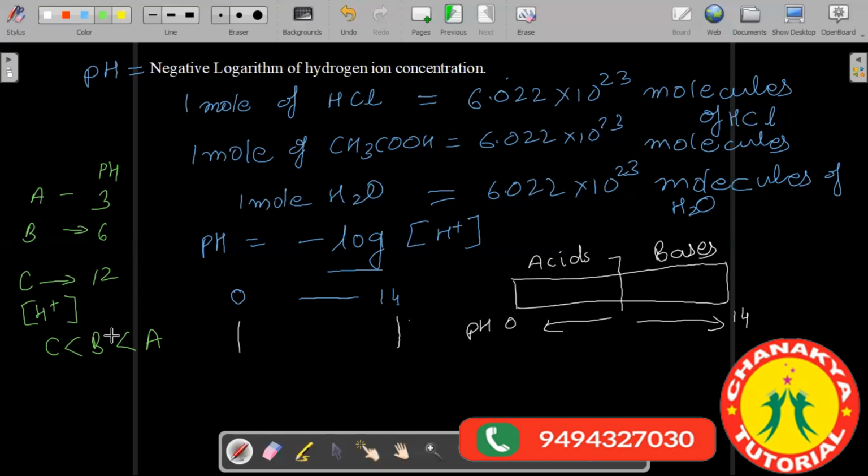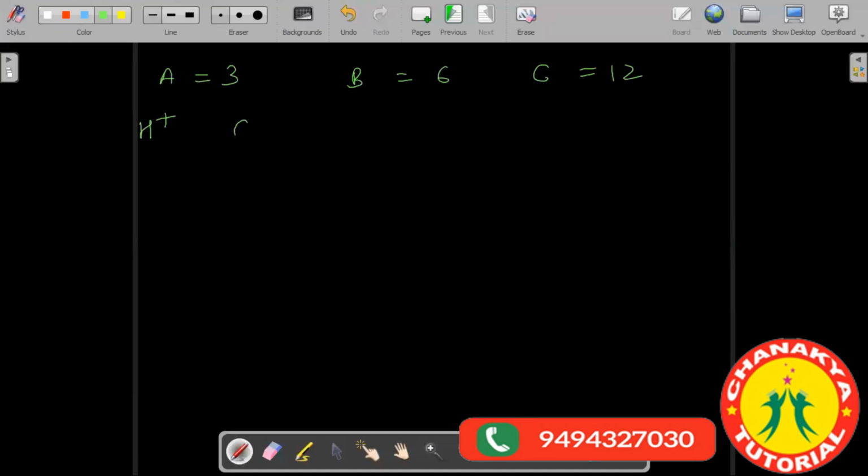In the concentration of H plus, C has the minimum concentration, then B, and then A. In OH minus or hydroxide ion concentration, the solution C will have the maximum concentration.